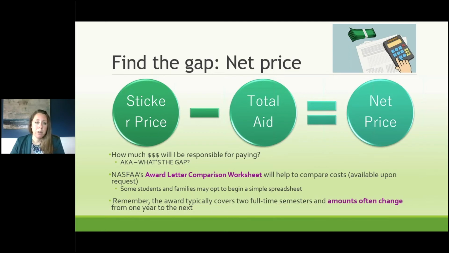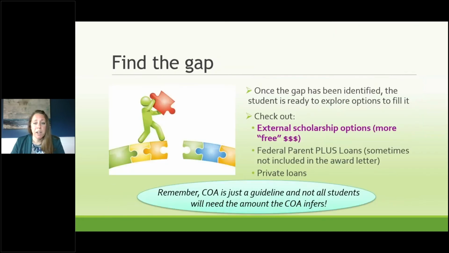What those amounts are for year 1 in college may be very different from what they may be for year 2. So when we're finding the gap, we're just looking at year 1 here, and we need to figure out how we're going to fill it.